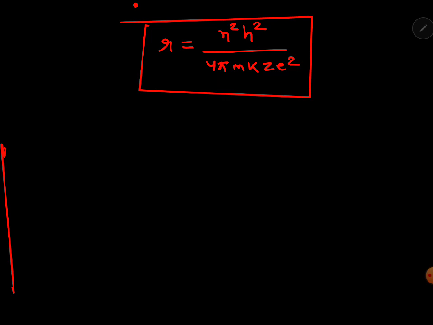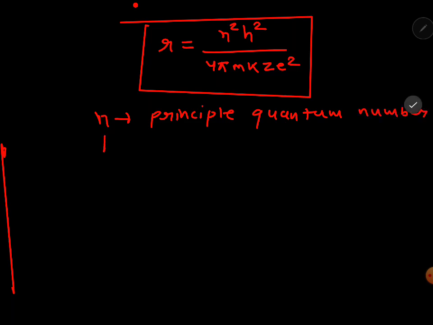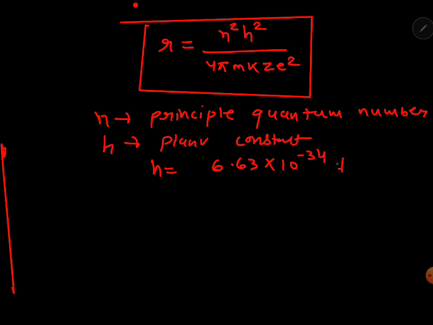So what are the values here? n is the principal quantum number. h is the Planck constant, and the value of the Planck constant is 6.63 into 10 to the power minus 34 joule second.